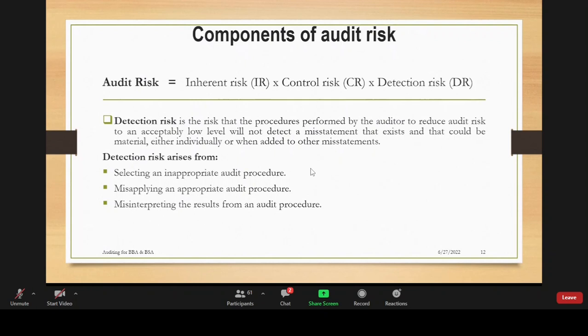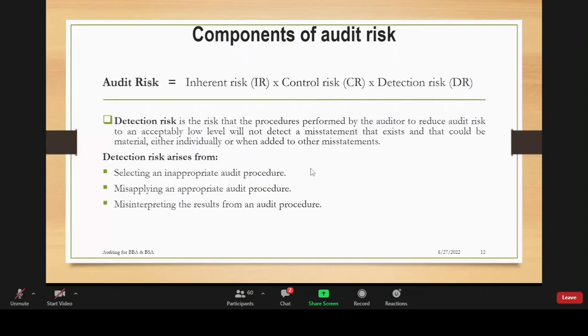It normally happens when the auditor uses a wrong audit procedure, or misapplies an appropriate audit procedure, or uses an appropriate audit procedure but fails to interpret the results.